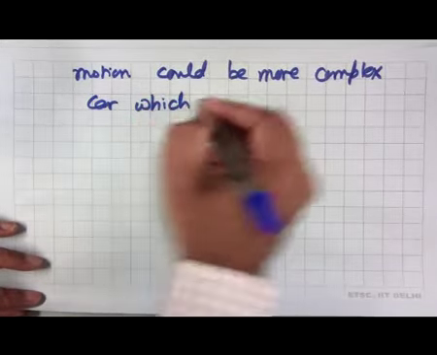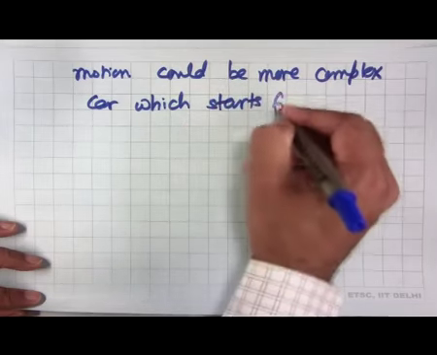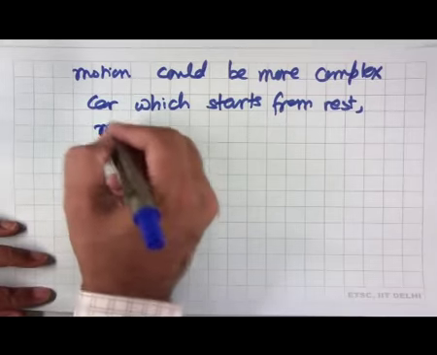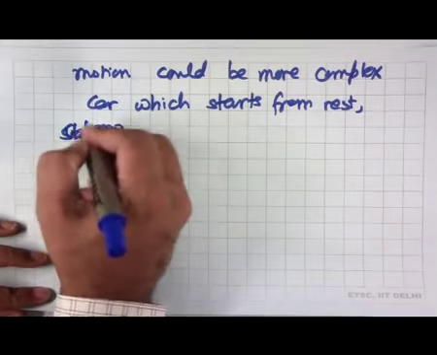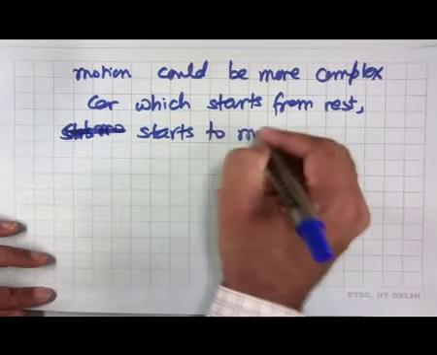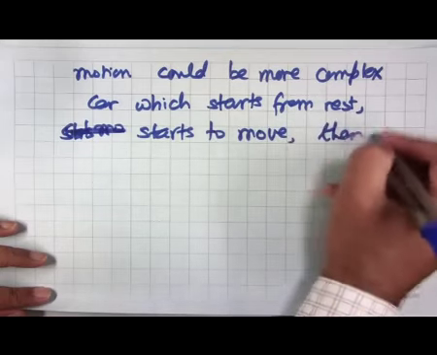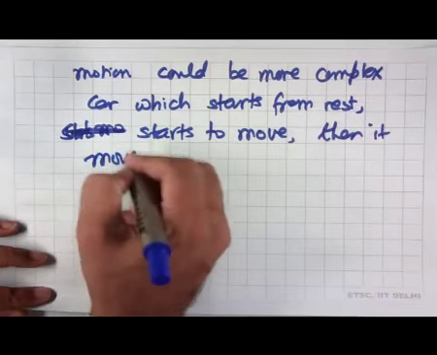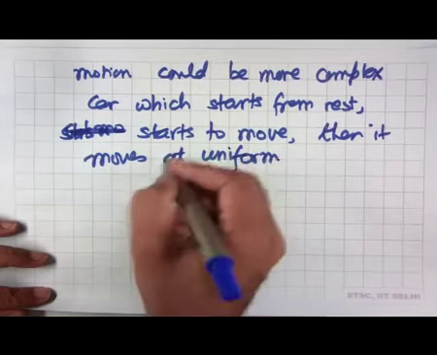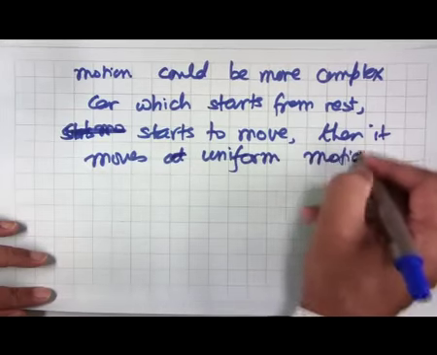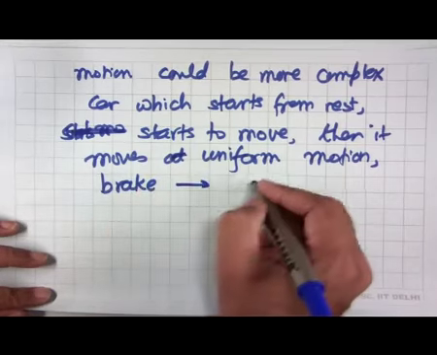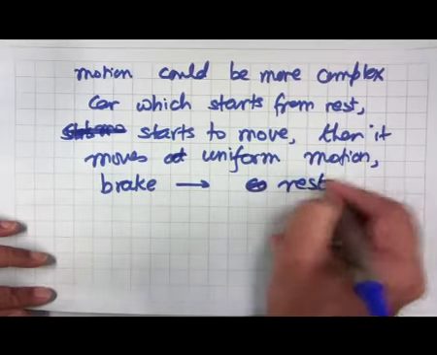Let us look at a car which starts from rest and it starts to move, then it moves in uniform motion. Then after some time a brake is applied and it comes to rest.